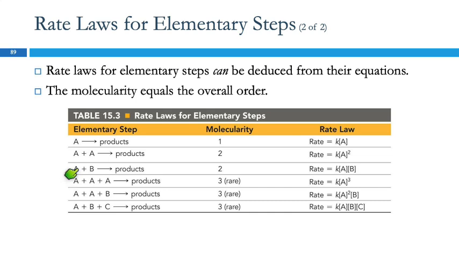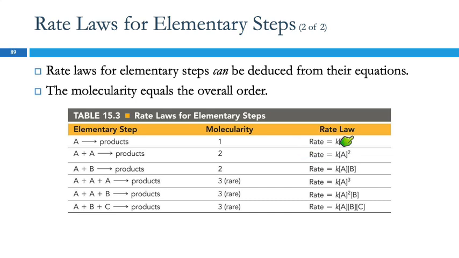Here we have two different reactants colliding, right? And so here the rate is equal to the rate constant times the first concentration times the second concentration. And then here are examples of those rare termolecular elementary steps. And I just want to caution you again, and I'll probably say it at least one more time.